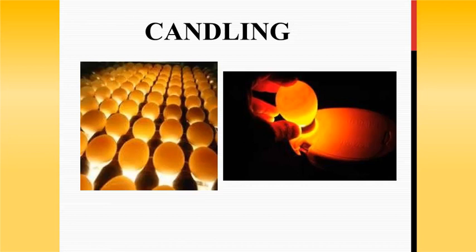During incubation, candling an egg allows you to see the developing embryo inside the shell and provides a way to remove non-viable eggs. Commercially, this enables egg packers to remove eggs with hairline cracks, blood spots, or other undesirable contents.